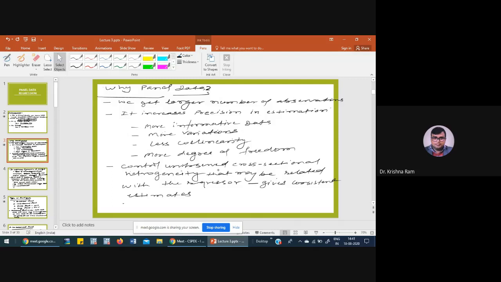But panel data take control of that unobserved heterogeneity and give us unbiased and consistent estimates. And this is the major advantage of panel data regression.